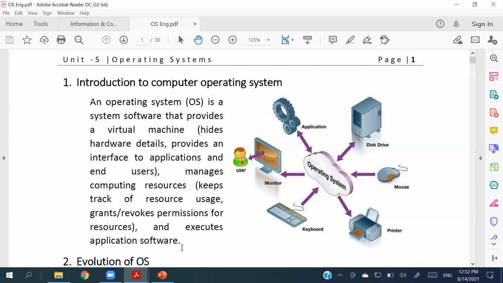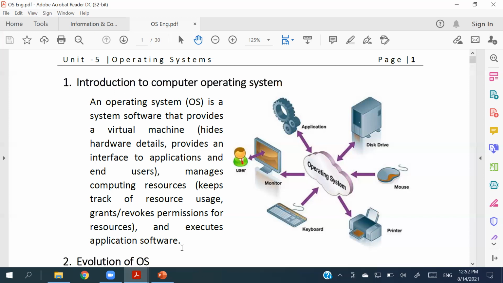The other factor is maintaining the applications, allowing the application software to run on it. And the other aspect is to manage the resources. When it comes to resources, majorly it's going to be input devices, output devices, memory devices, right? Those kinds of things. So why is there an operating system? To manage those kinds of things.